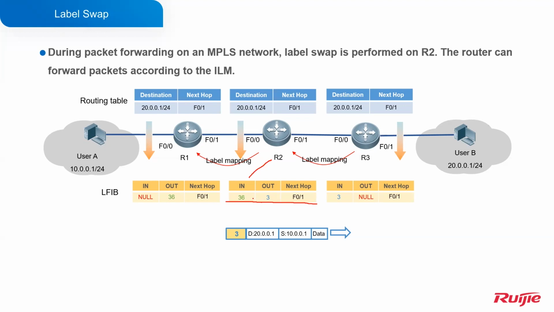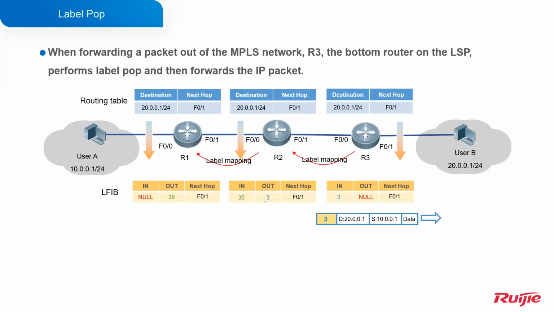So the out label will be different, but it doesn't matter. So we will add the label 3 and then encapsulate the message. Then finally the message will be sent out to the next hop. So if you also have other routers like route 4, route 5, route 6, and they are the intermediate routers, all the routers will take the action of label swap.